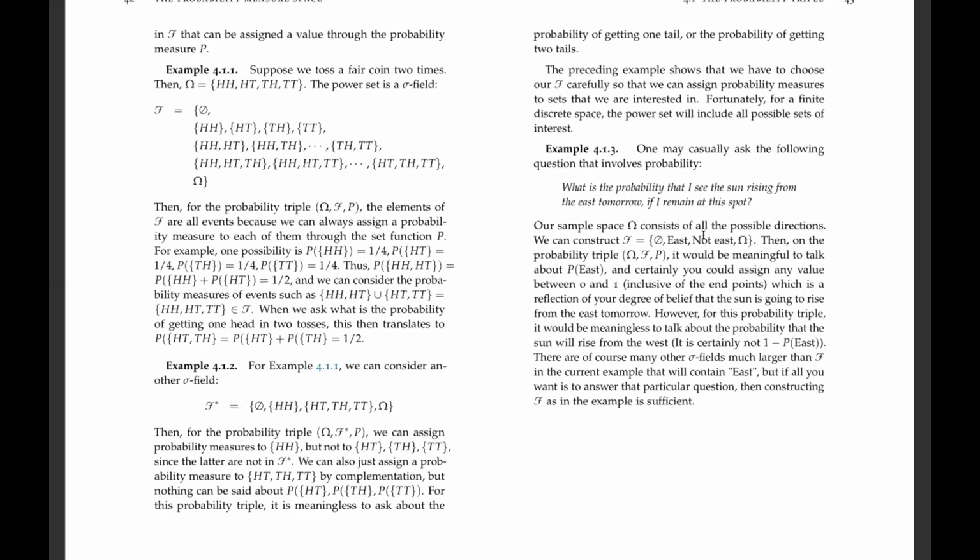Not east simply can mean north, south, southeast, whatever. So you cannot discuss the probability that the sun will rise from the west tomorrow. It's just undefined. That probability cannot be discussed, because you are trying to take an element that is not inside F and map it to 0, 1, and that's not allowed.